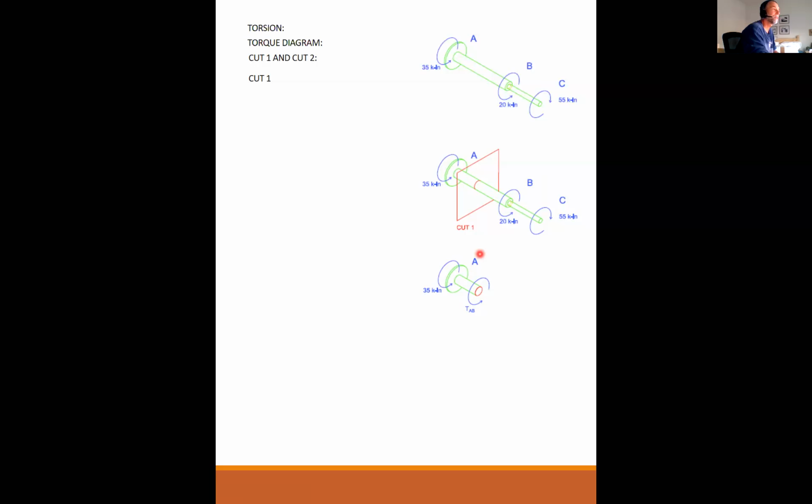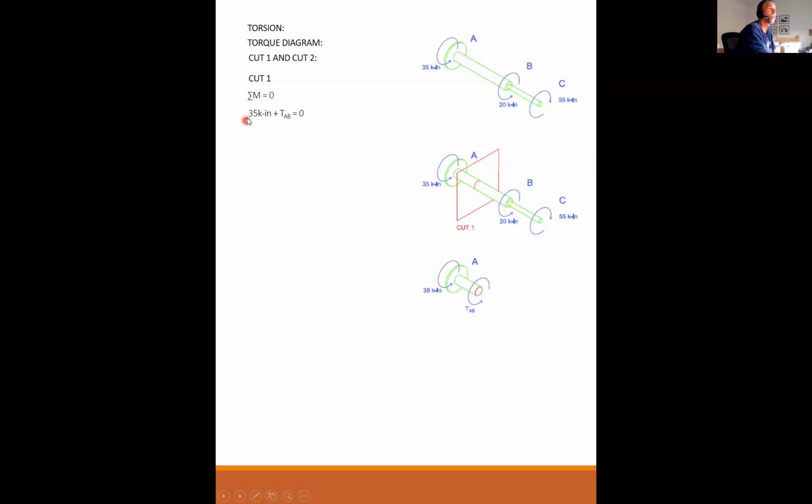So whenever you're making a cut and you don't know what the sign is yet, always draw it in the positive sense and then solve for it. So I've drawn A as it is, and I've drawn the internal unknown torque in the positive sense. Sum my moments.